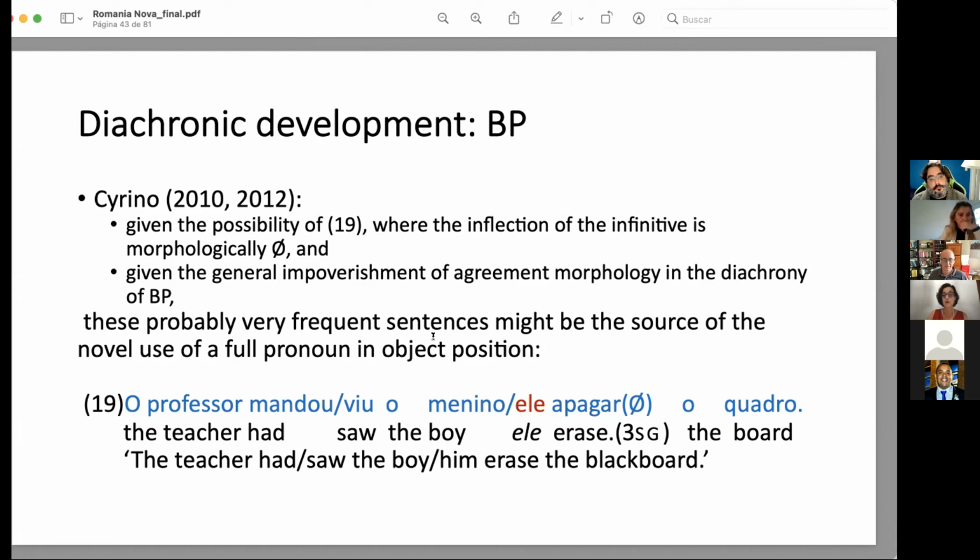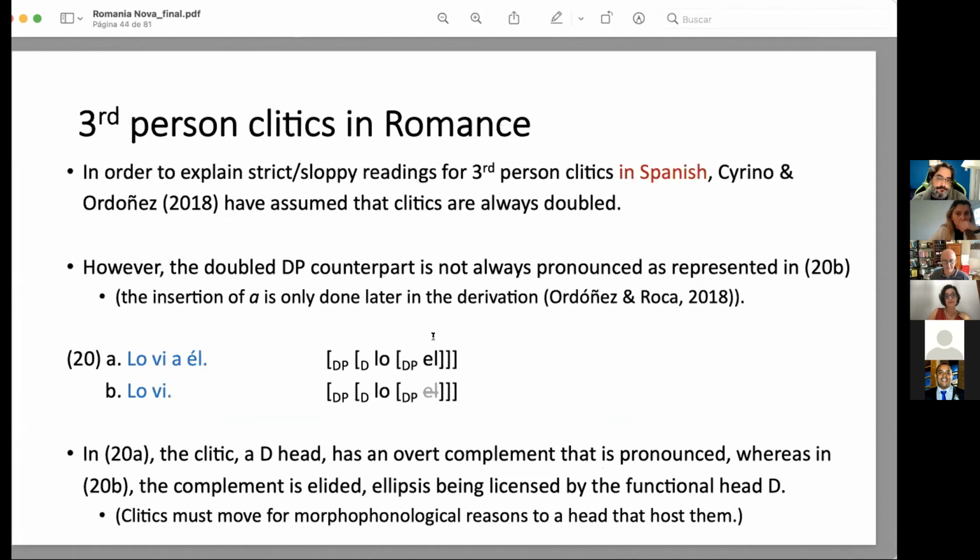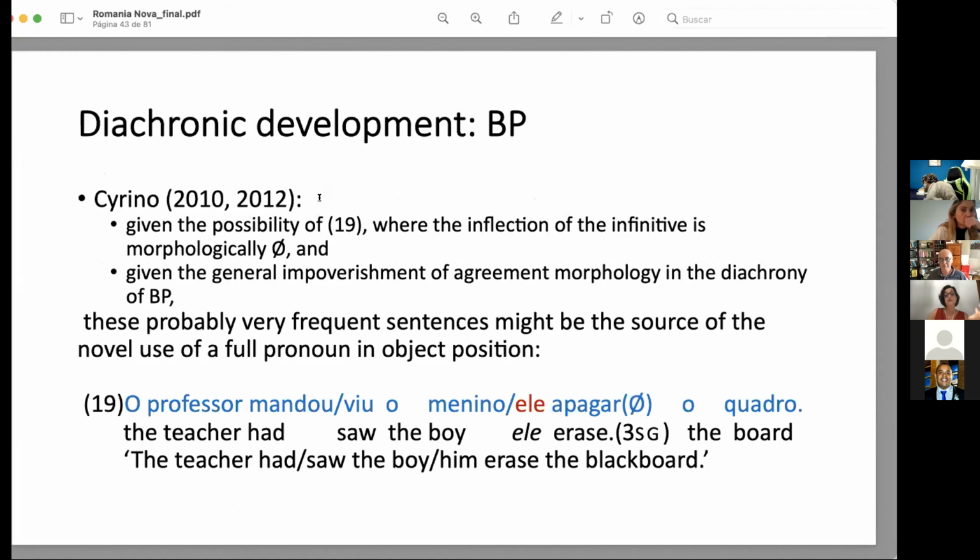O professor mandou o menino apagar o quadro, mandou ele apagar o quadro, could be the source of this novel use of a full pronoun in object position. So this would be the source of ele, right?